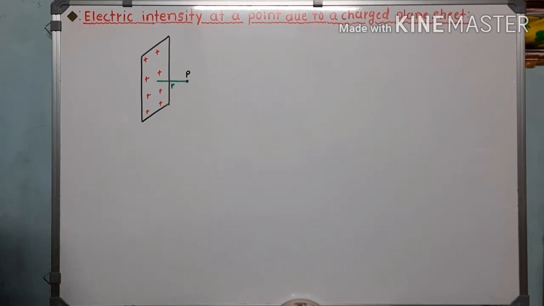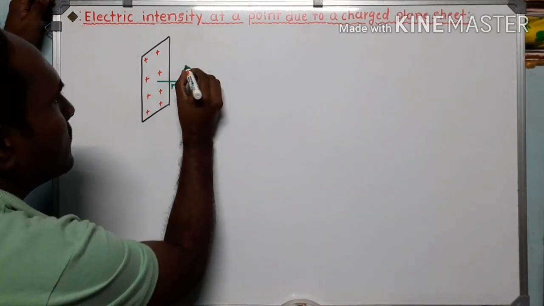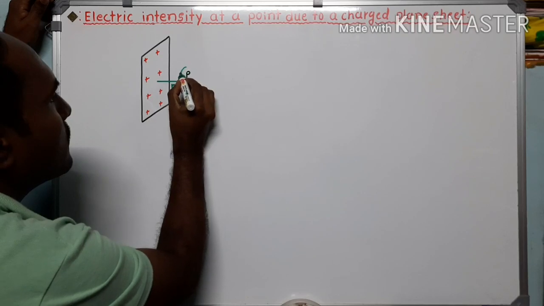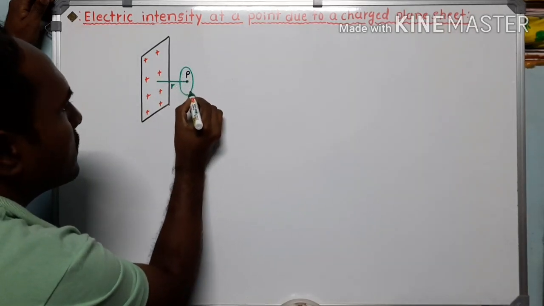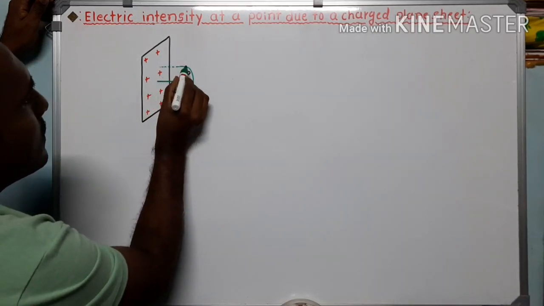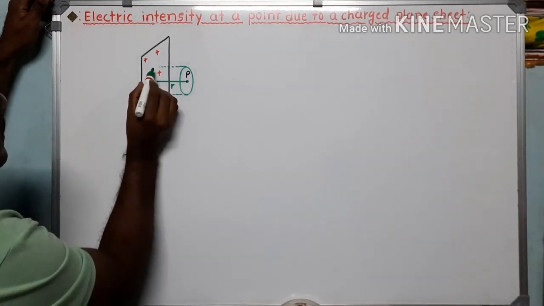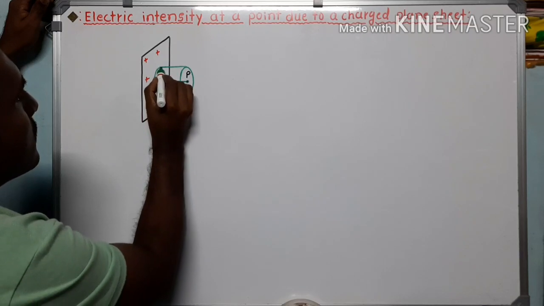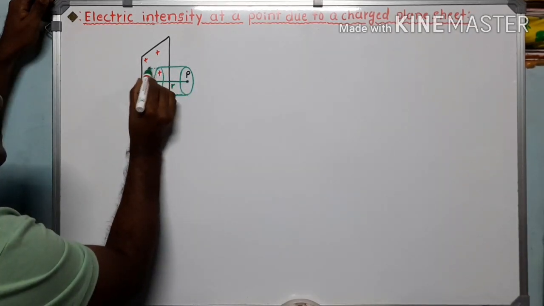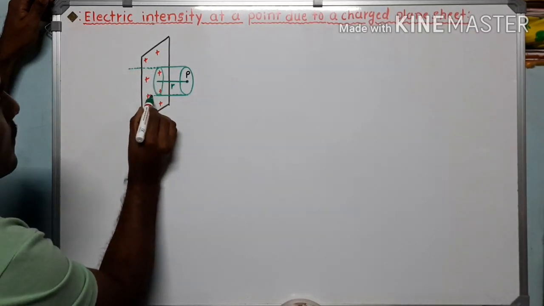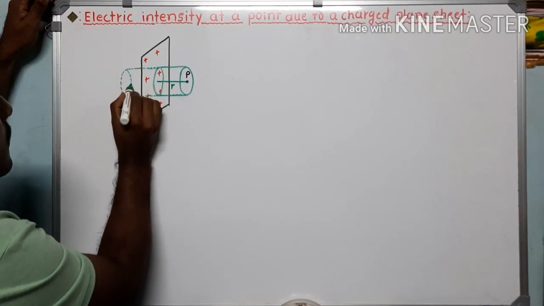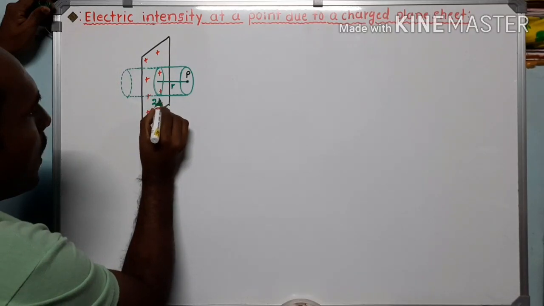If you want to use Gauss theorem, you should consider a closed surface. Here also I am going to consider a closed surface, a cylinder, of length 2r.